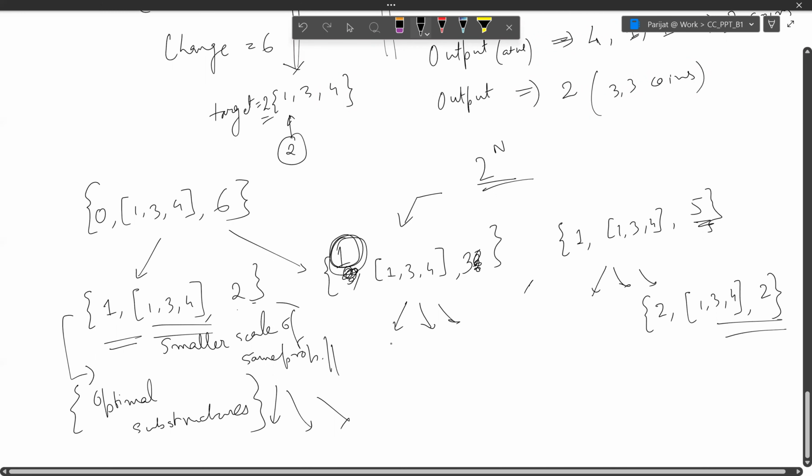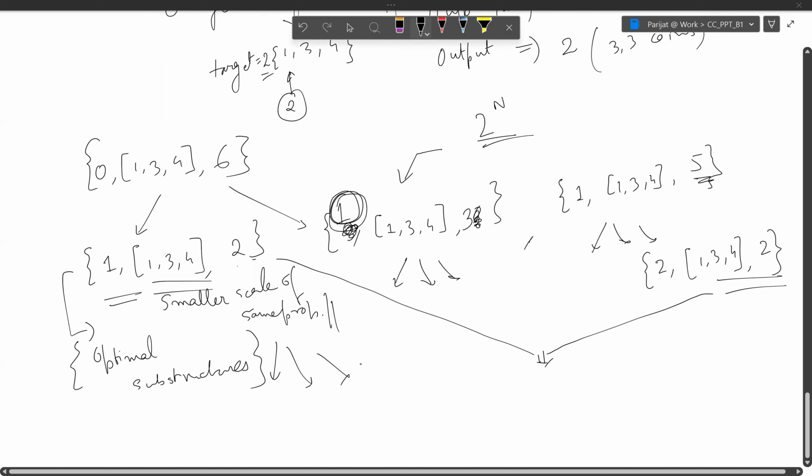So what is this type of issue called? Anyone? When the smaller substructures are similar in different parts of the tree, what are these issues called? No one? So these are smaller substructures, right?